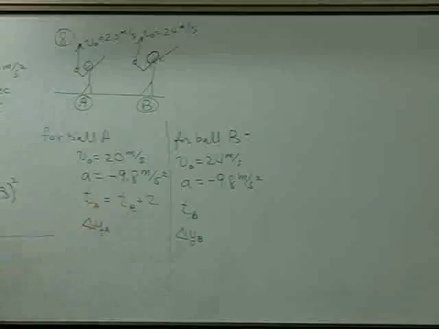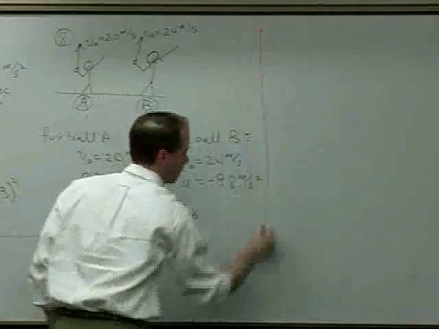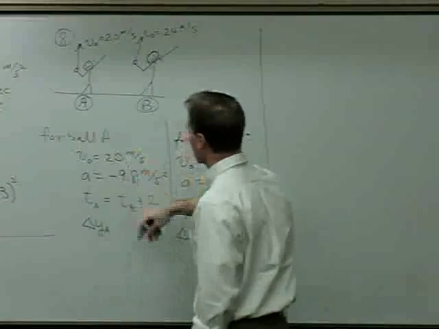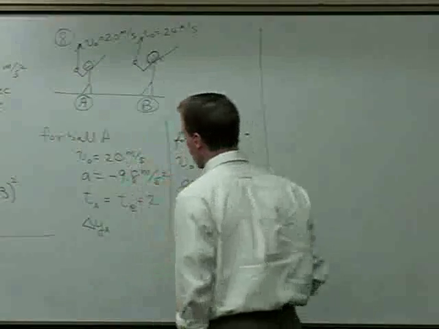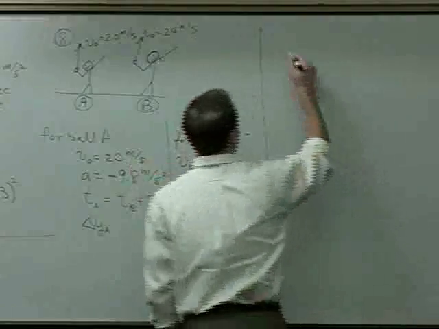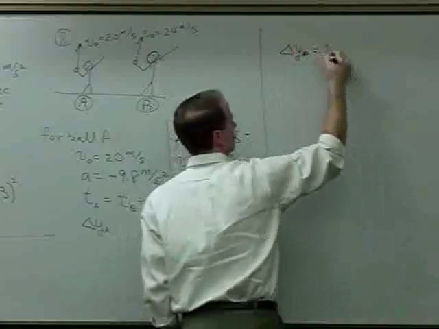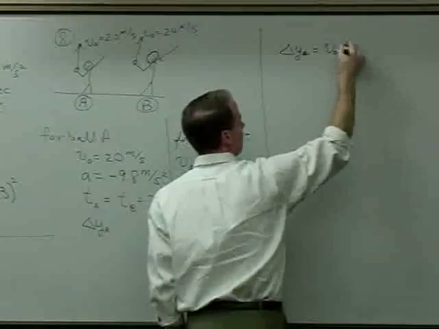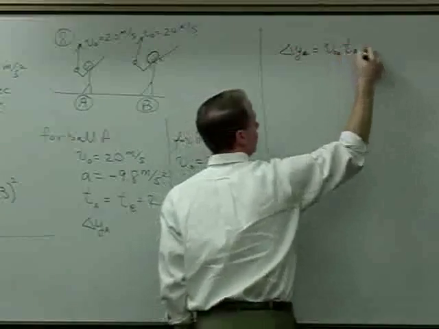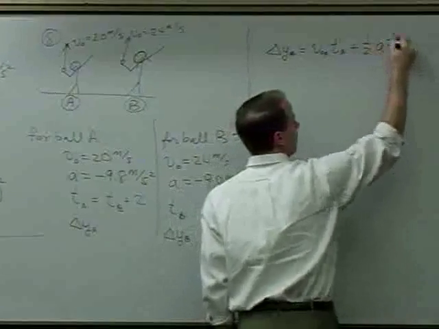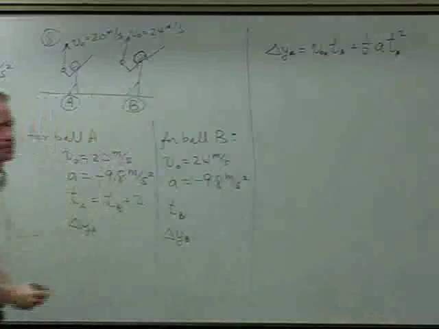All right? So, take a look at this. If I were to write an equation for the motion of ball A, I would say that displacement y A equals initial velocity A times time for A plus 1/2 acceleration times time for A squared.